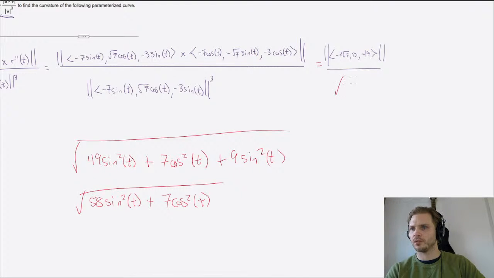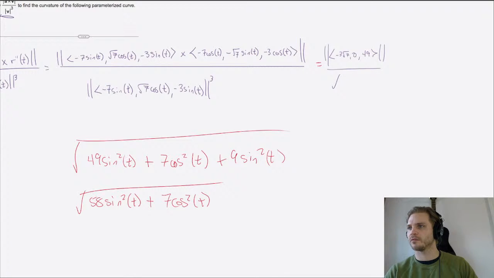So we're going to change the color back. Okay, so this is going to be cube root 58 sine squared of t plus 7 cosine squared. Oh, I'm writing huge because I have this zoomed out.